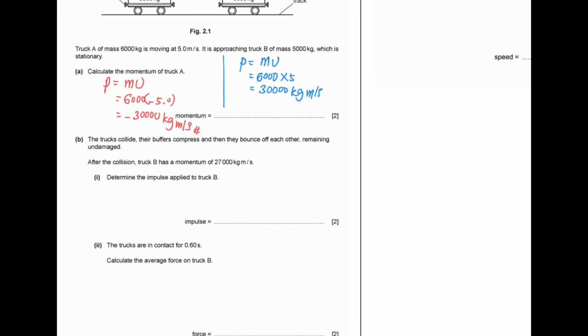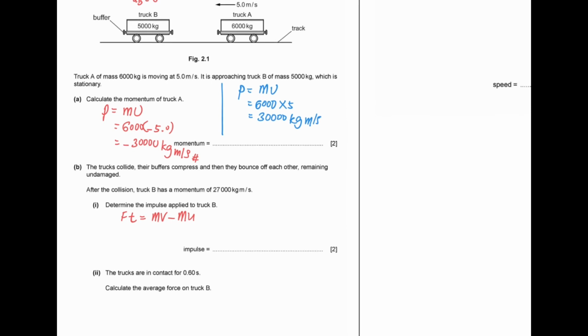Impulse, huh? Okay. Now, Ft equal to mv minus mu. This is the formula for impulse, and for our case here, Ft is not really applicable because they don't give the time. We are given the time in part 2, as you can see there. So I just use impulse equal to mv minus mu straight away.